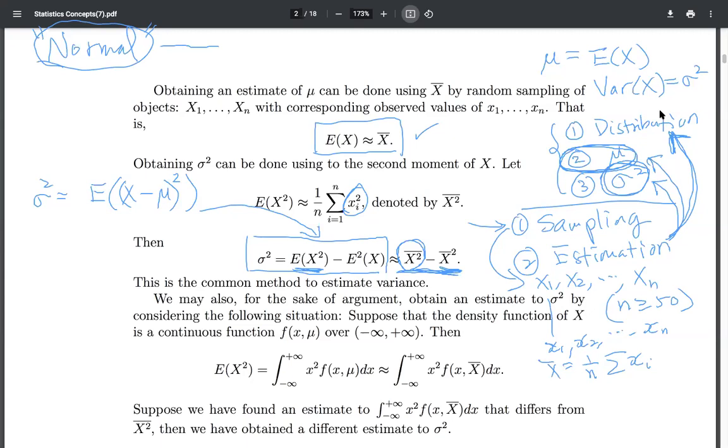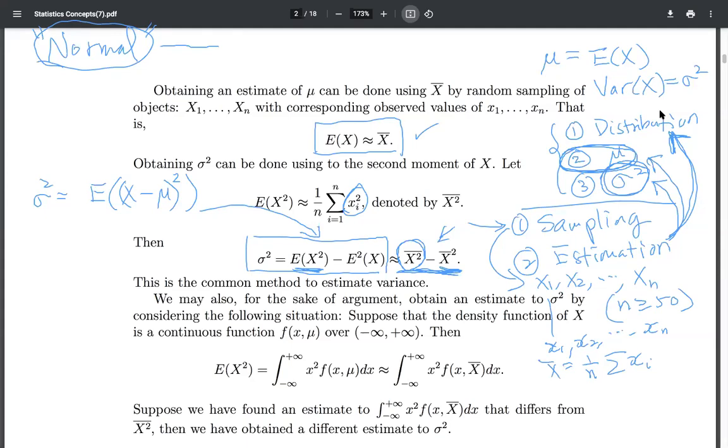So what happens if we come up with a negative value? This may not be a good estimate. Fortunately, we have another estimate of this variance, which we are going to talk about in a moment. That guarantees that you won't get a negative value.